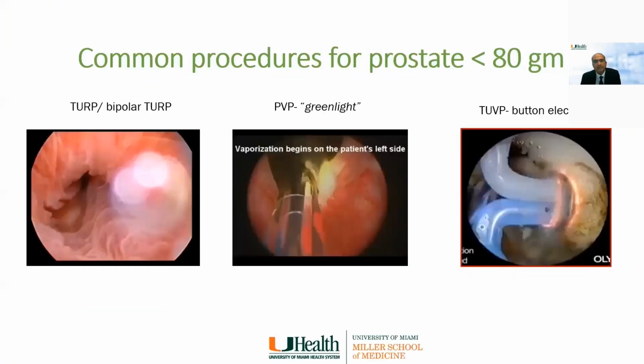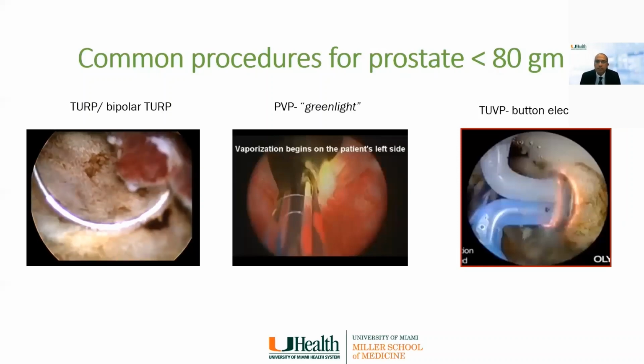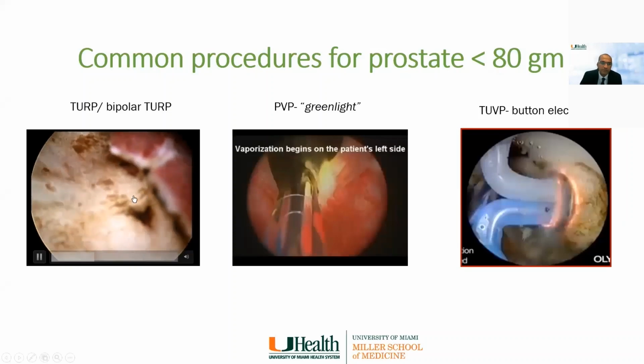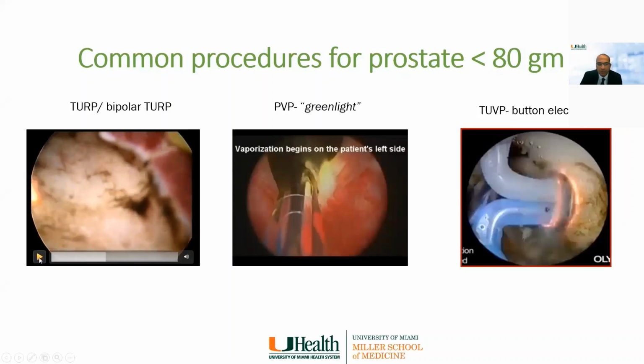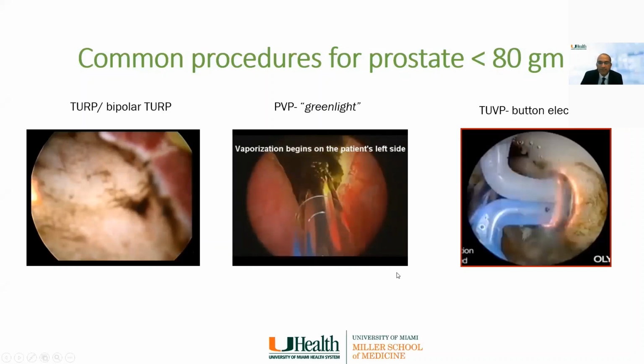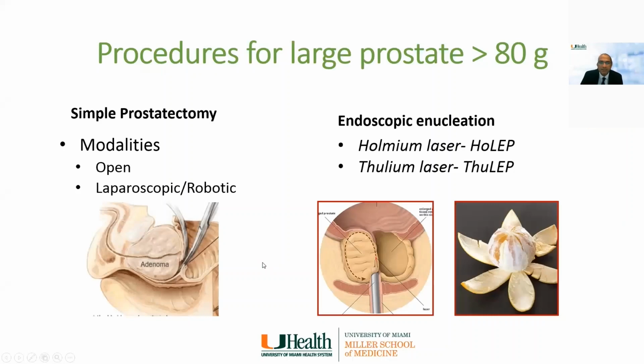So when it comes to the common procedures, the gold standard procedures, the TURP remains the gold standard for smaller prostate size, which is less than 80 grams. So is PVP or green light. And then for larger glands, it's mainly HoLEP, ThuLEP, and obviously depending on the comfort level, many of the urologists and many of you do TURP and other procedures up to 100, 120 grams.